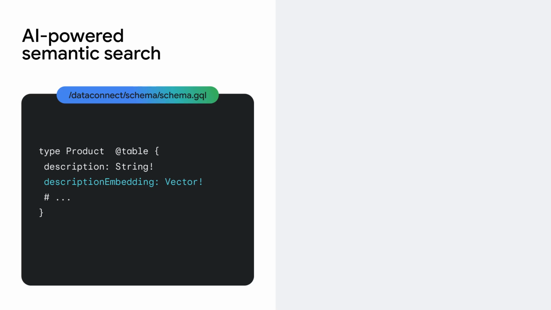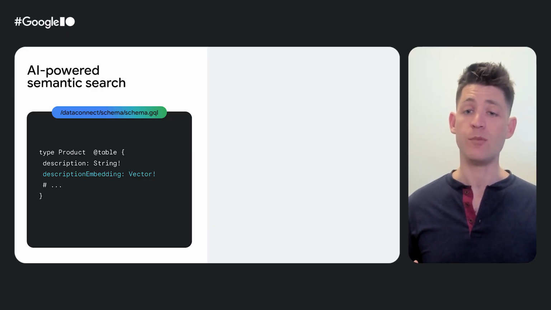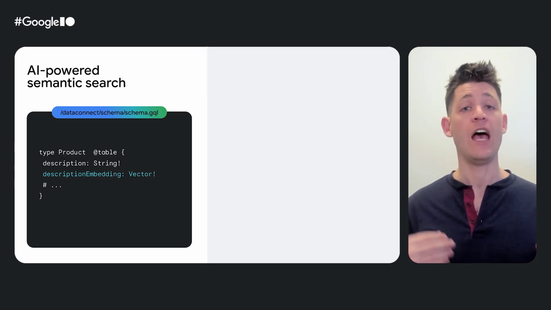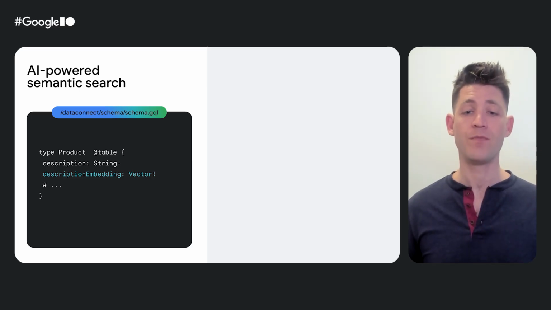To use this in your Next.js e-commerce app, you first create a schema for your products table that includes things like product ID, description, and a new field of vector type to store vector embeddings.